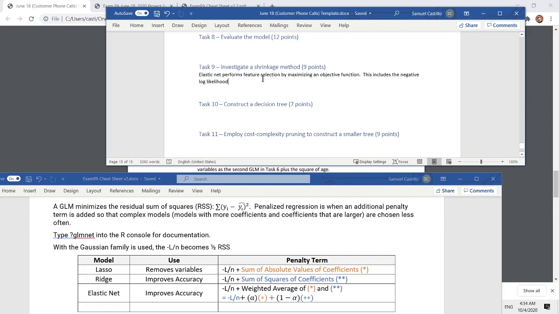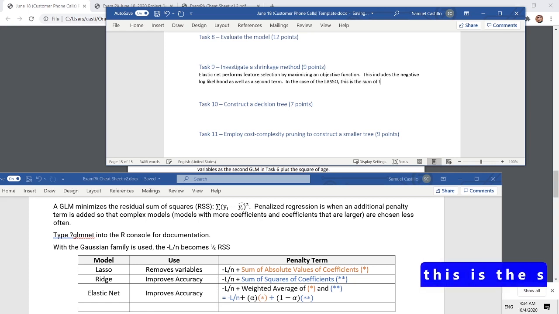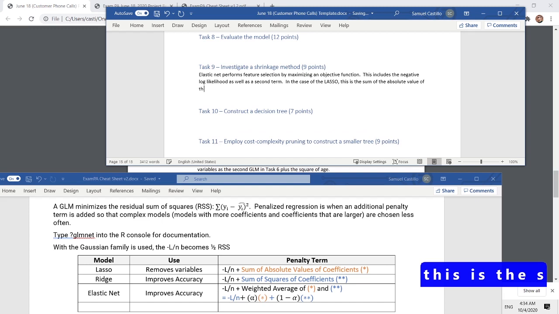So ElasticNet performs feature selection by maximizing an objective function. This includes the negative log likelihood as well as a second term. In the case of the lasso, this is the sum of the absolute value of the coefficients, which has the effect of removing variables by setting their coefficients to 0.